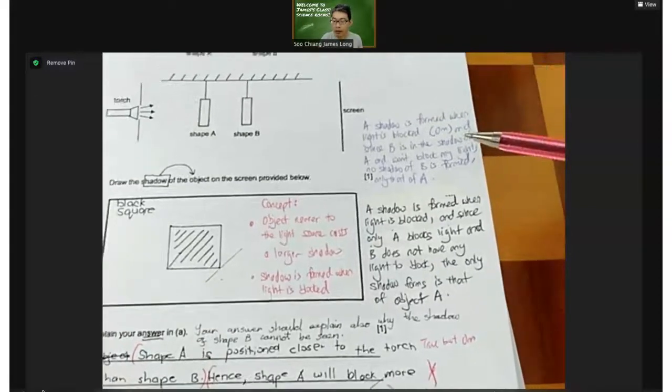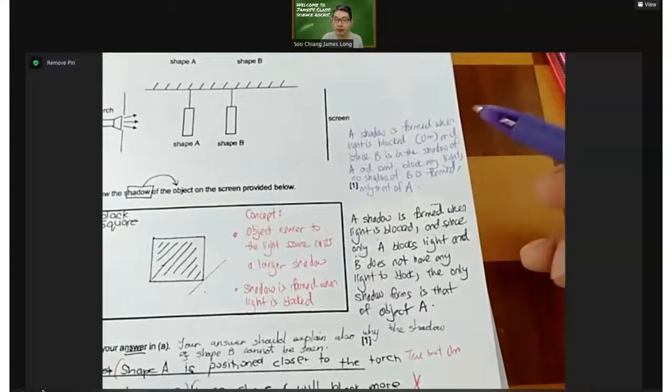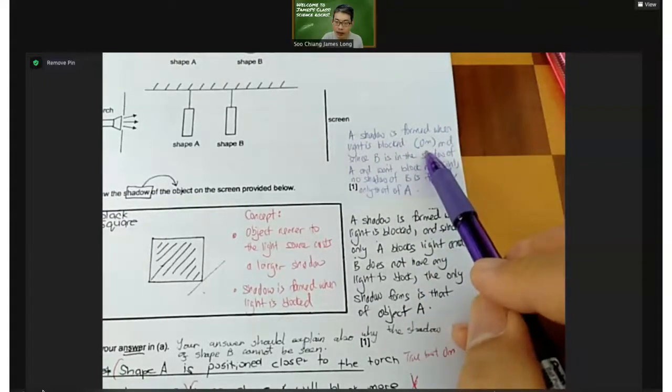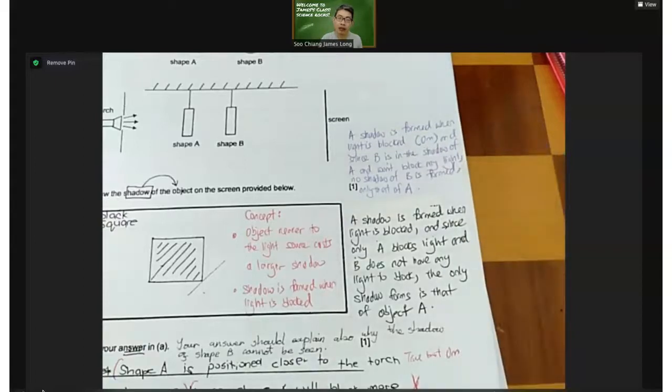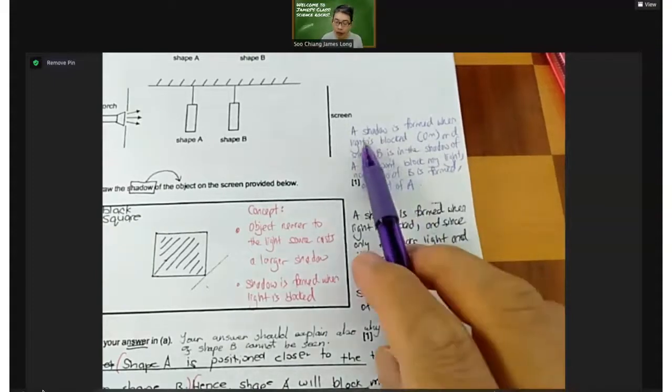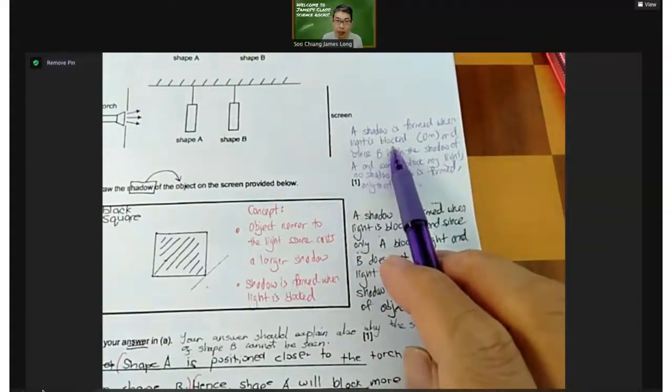So the answer in the purple answer, okay? The shadow is formed when light is blocked. 0 mark here because it is a motherhood statement. A motherhood statement refers to just quoting a science concept. It's just saying this. There's no marks for this until you link it back to the question. So a shadow is formed when light is blocked. So what?